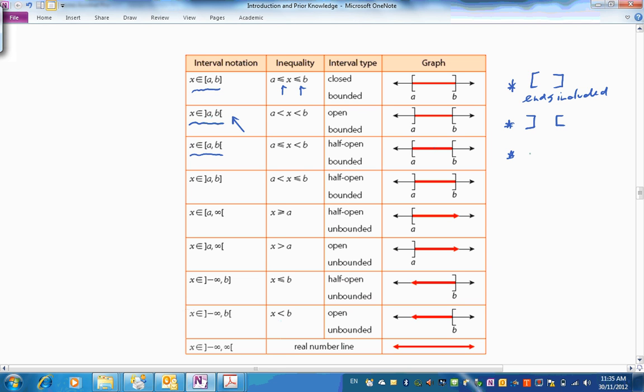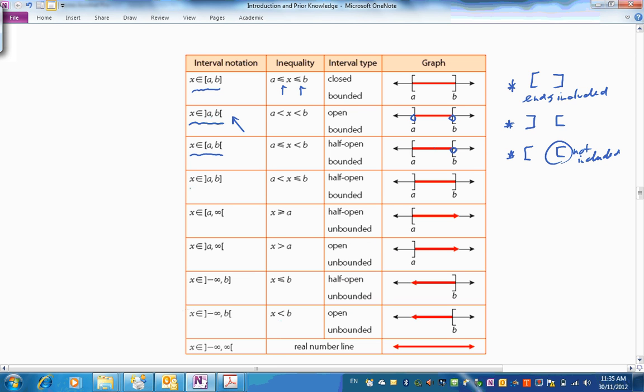Here, on this one, it includes this end, but not the other. So it's, if you like, half open, because this end is not included, the end of the domain there, and therefore it's half open. If you put it on a graph there, we don't include B, so you could put a circle type thing there also, as we were doing before.